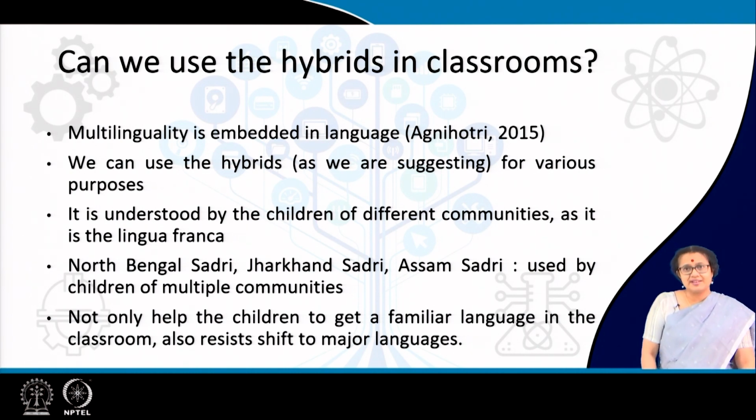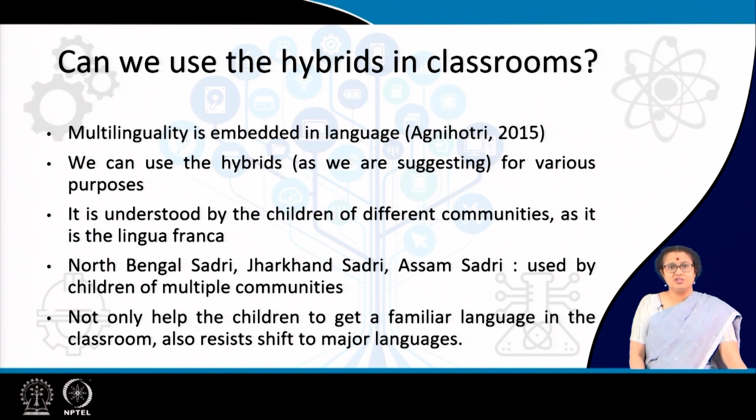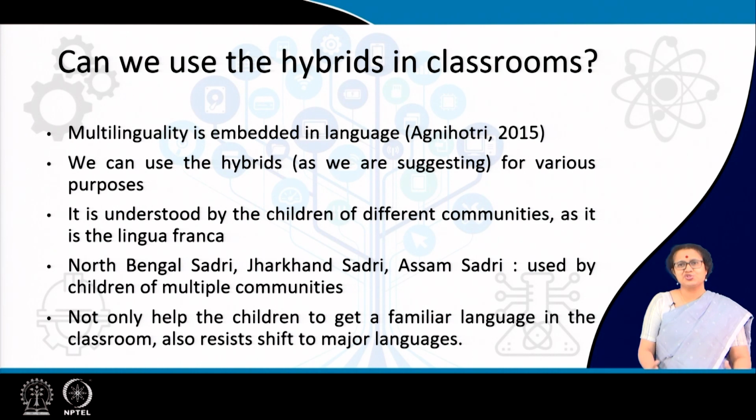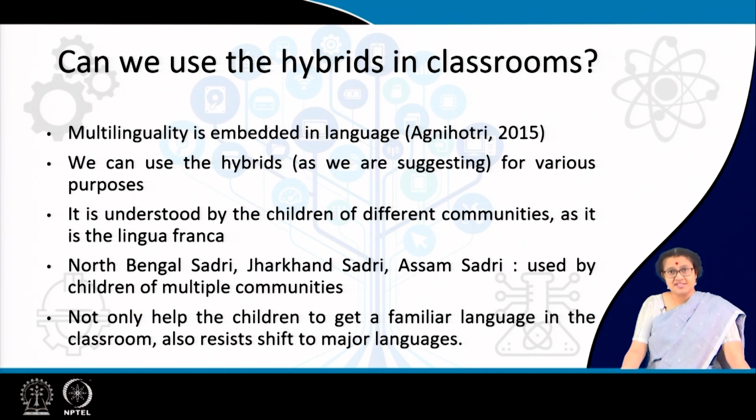Here are some more examples of hybrids from the Indian context. North Bengal Sadri, Jharkhand Sadri or Nagpuri, Assam Sadri, these are used by children of multiple communities. If you recommend the use of hybrids from an administrative point of view, it is doable. It is not only helping children get a familiar language in the classroom, which the policies are recommending, but it is also resisting shift to major languages.